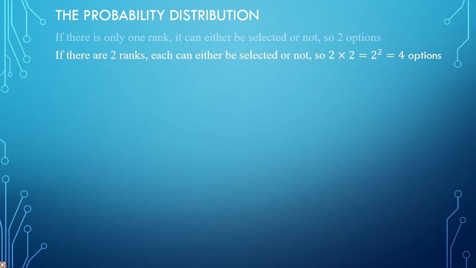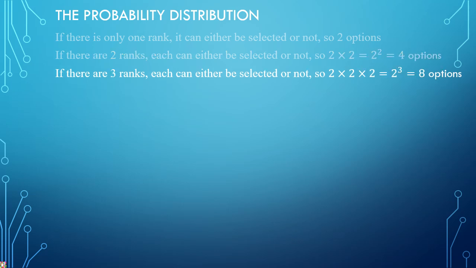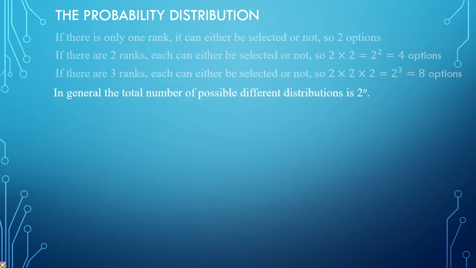If we have 2 ranks, then each of those ranks can be used or not used. So that's 2 options for each, and then we multiply the 2, and that means we have 4 options. If we have 3 ranks, you can have each of them either selected or not. So we get 2 to the power of 3 equals 8 options. So in general, we can say that there are 2 to the power of n options.